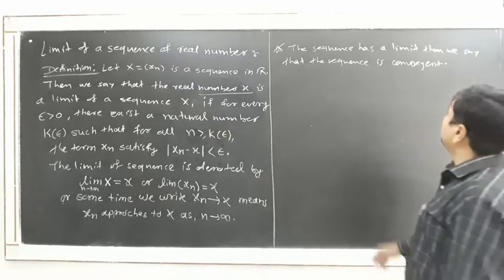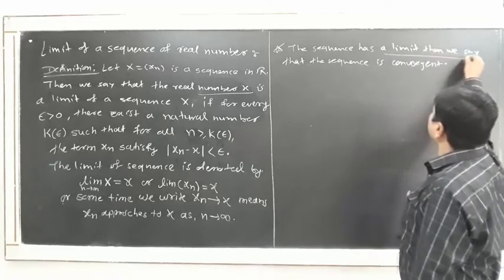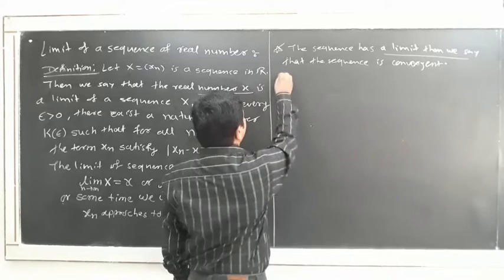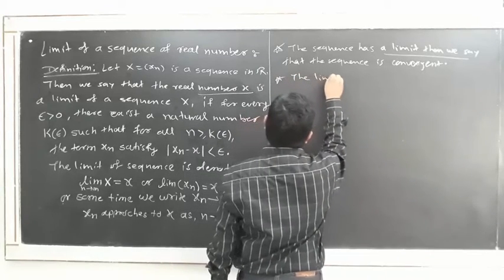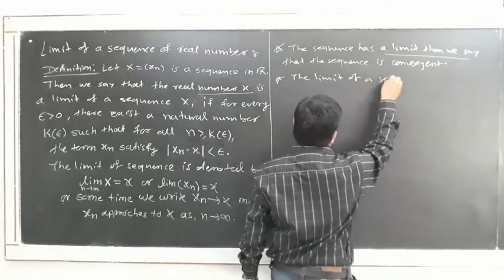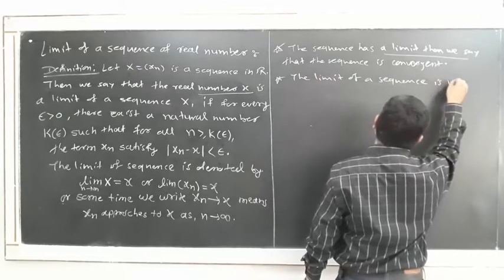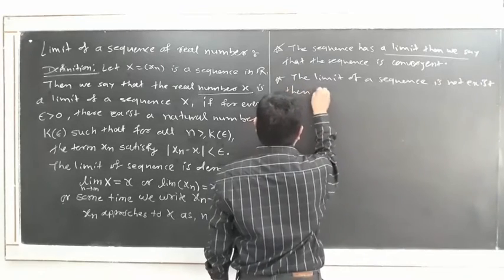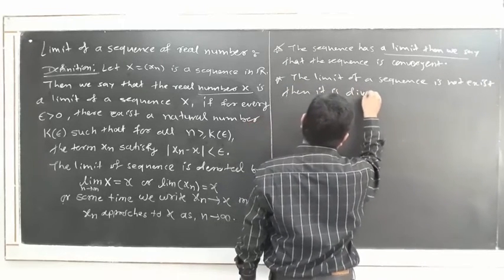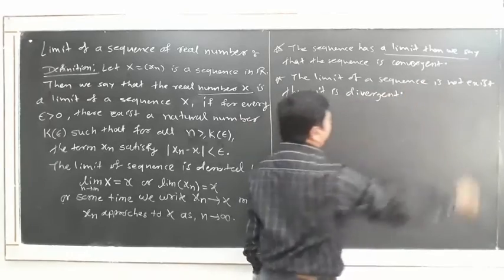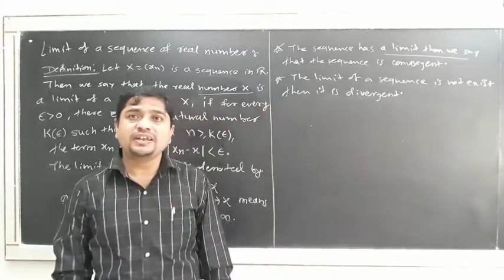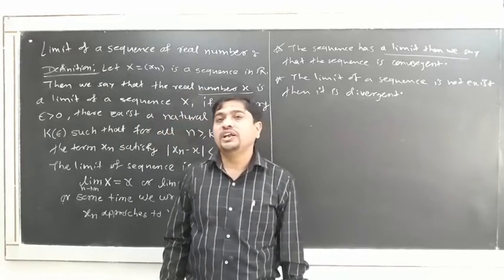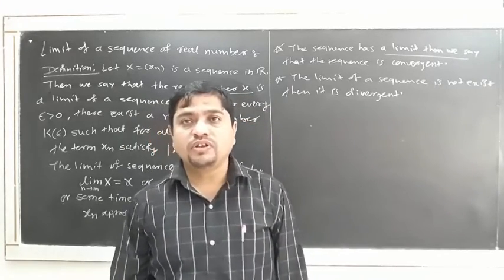If the limit of the sequence exists, then we say that it is convergent. And if the limit of a sequence does not exist, then it is divergent. If the limit exists, the sequence is convergent, and if it does not exist, then we say that this sequence is a divergent sequence. Okay?